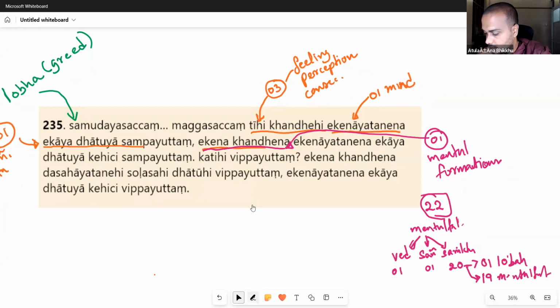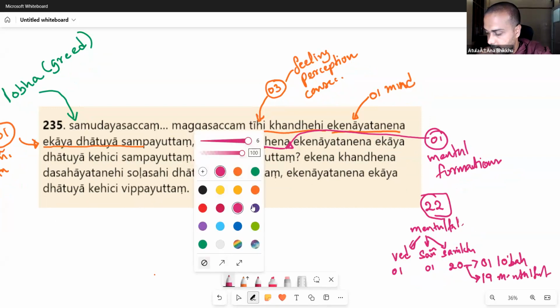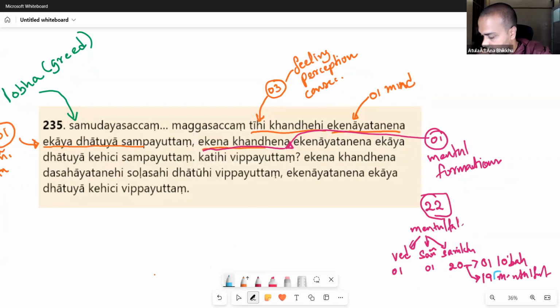now these 19 mental factors become the ekena khandena keichi sampayutta, right? The partial association with the greed, that we have to know.